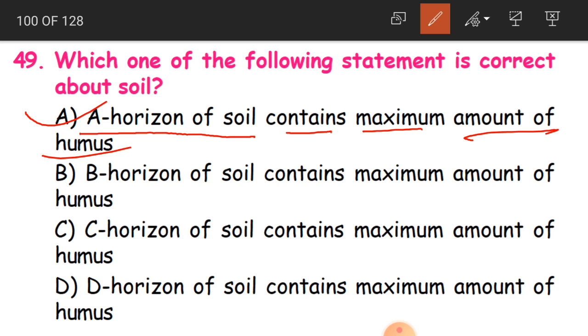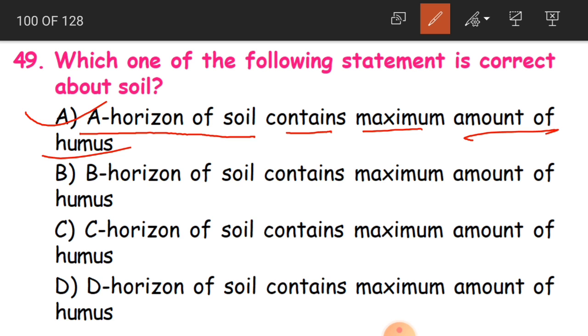This is the organic matter, the decomposition you get from plant materials, leaves and all that, which fall on the soil and decompose, and we get organic fertilizers. And some microorganisms, which are dead and decayed, all of these form humus. So A horizon of soil contains the maximum amount of humus. So this is the correct statement, children. So the answer is A.